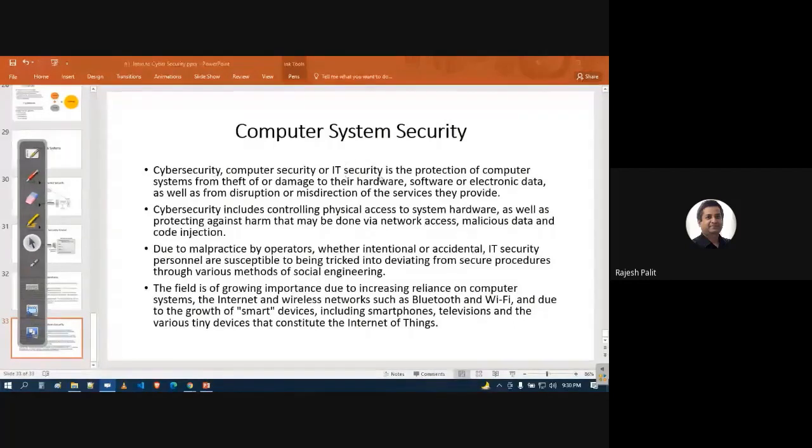Computer security or IT security is the protection of computer systems from theft of or damage to their hardware, software, and electronic data, as well as from disruption or misdirection of the services they provide. And cybersecurity includes controlling physical access to system hardware, as well as protecting against harm that may be done via network access, malicious data, and code injection.